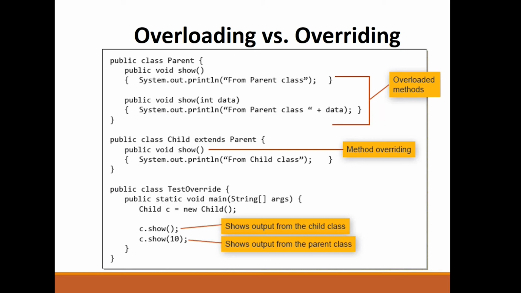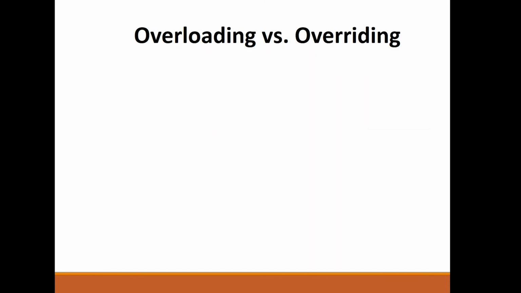So that is why, as you can see on the main method, we created a child equals a new instance of child, and we were able to show what is child show. This one has no parameter. This one has a parameter. Klaro?